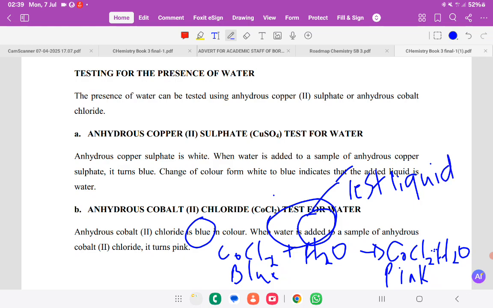So you add a few drops of it to cobalt chloride. If it changes color from blue to pink, then that means that the test liquid is water or contains water. That's very important to note. These are the two tests that you can carry out to show that a given liquid contains water or is water.